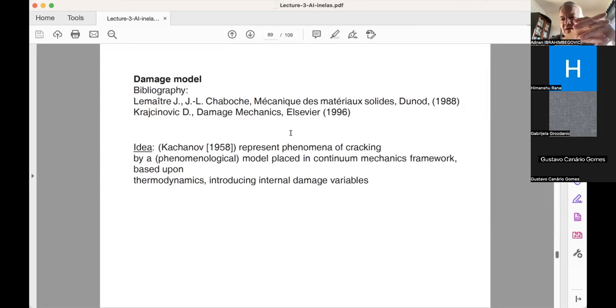This method represents the cracks globally with some kind of Heaviside function, which is a jump. Maybe near the end of the crack, you put special functions taken from linear fracture mechanics, what they call the singular functions at the crack tip. And then you introduce this special displacement field.